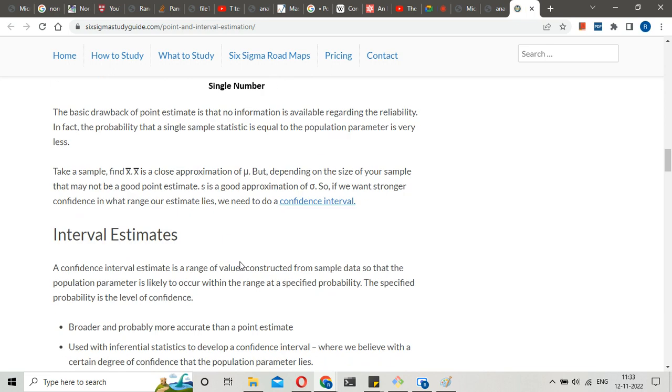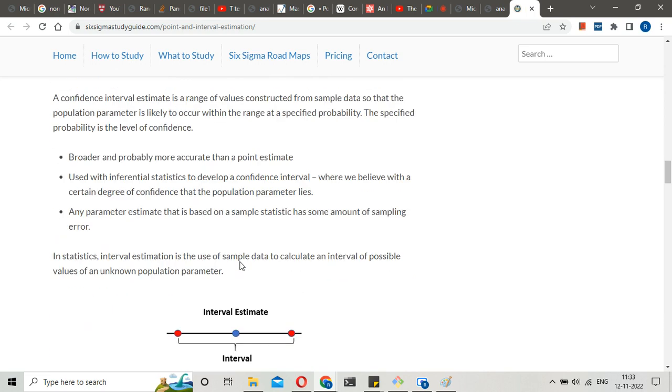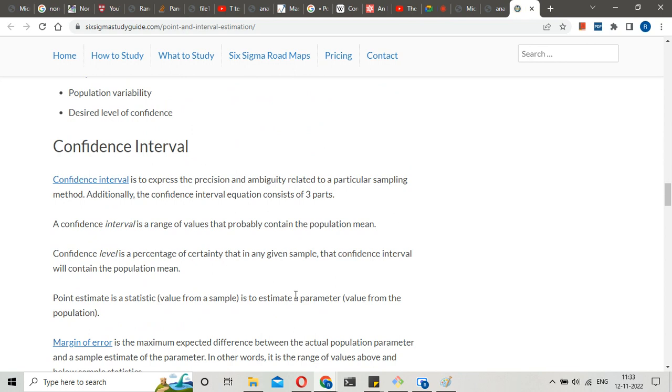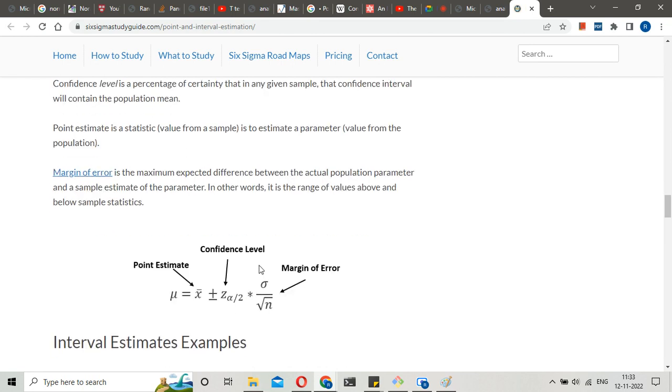Point estimation. Similarly, what we do is interval estimation. Interval estimation is like saying your average height will be within 155 to 160. You are giving some min and max. And now you say the confidence interval is the probability that it is going to fall between that. So you take the point estimate, say 167 is the height, and there is some margin of error.